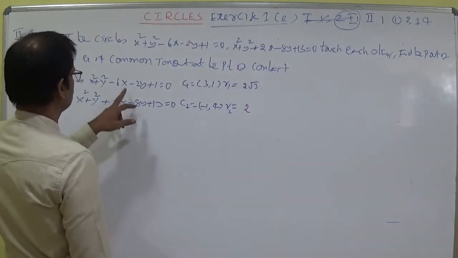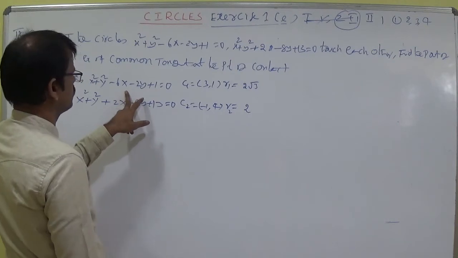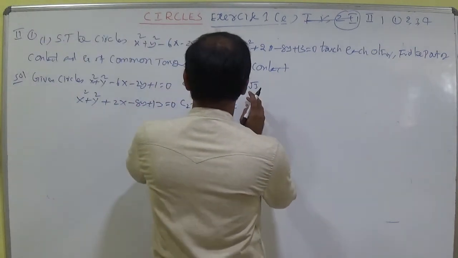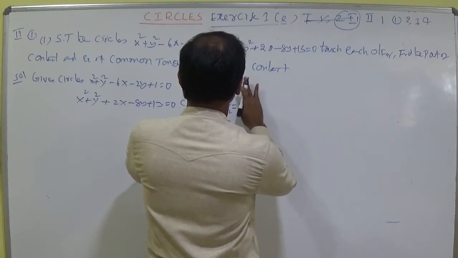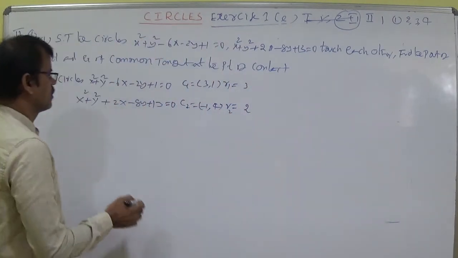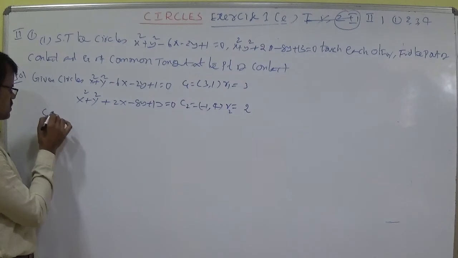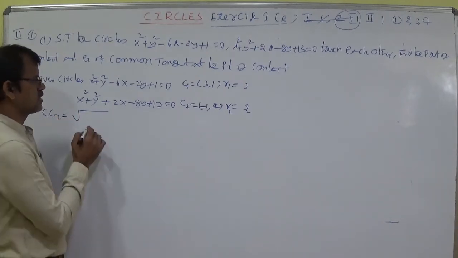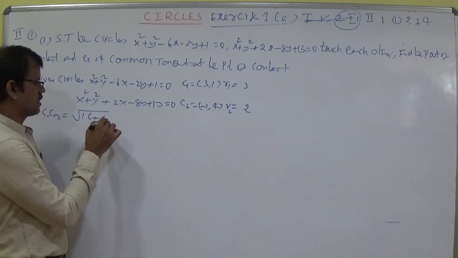So R1 is root 9, that is 3, and R2 is 2. Now calculate C1C2. C1C2 is equal to root of (3 plus 1) whole square, 16, plus 9.